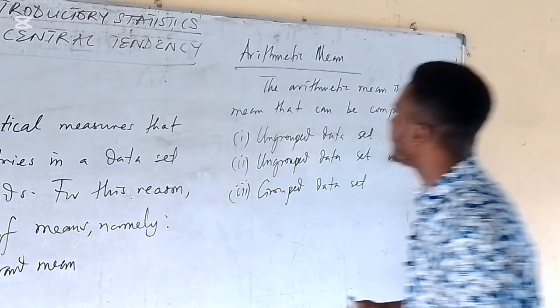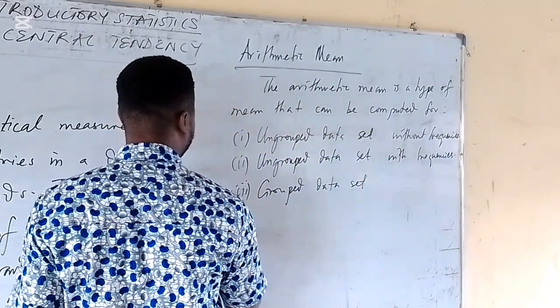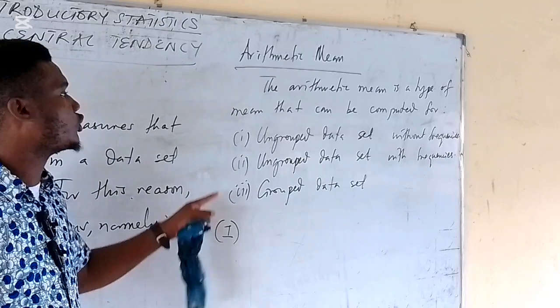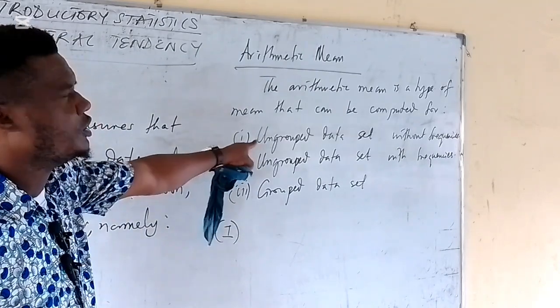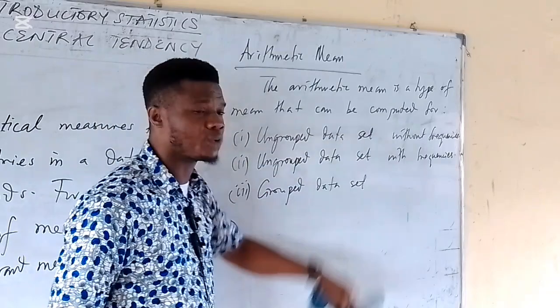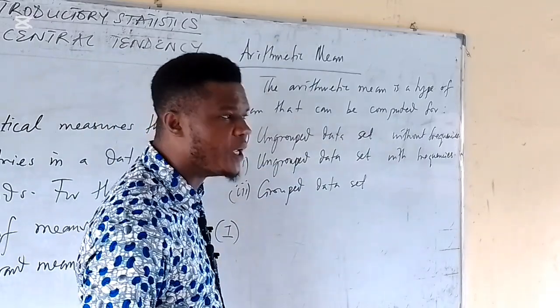Now, let's start with case I. Case I now is when you want to compute the arithmetic mean for an ungrouped data set without frequencies. What will be the formula?